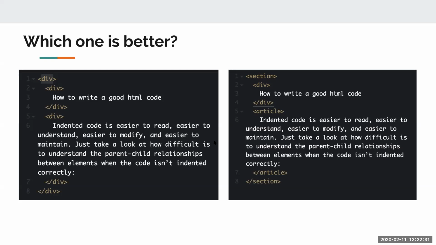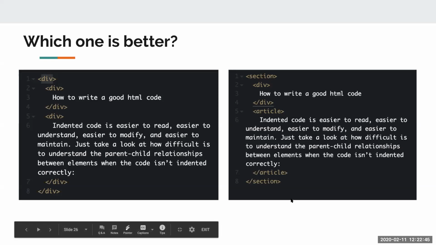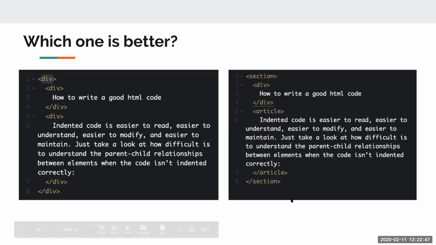But the nice practice is to use semantically meaningful HTML tags, so that a programmer can see, oh, this is our article part, and this is one section, and then have some meaningful structure. And this is also good for search engines as well.